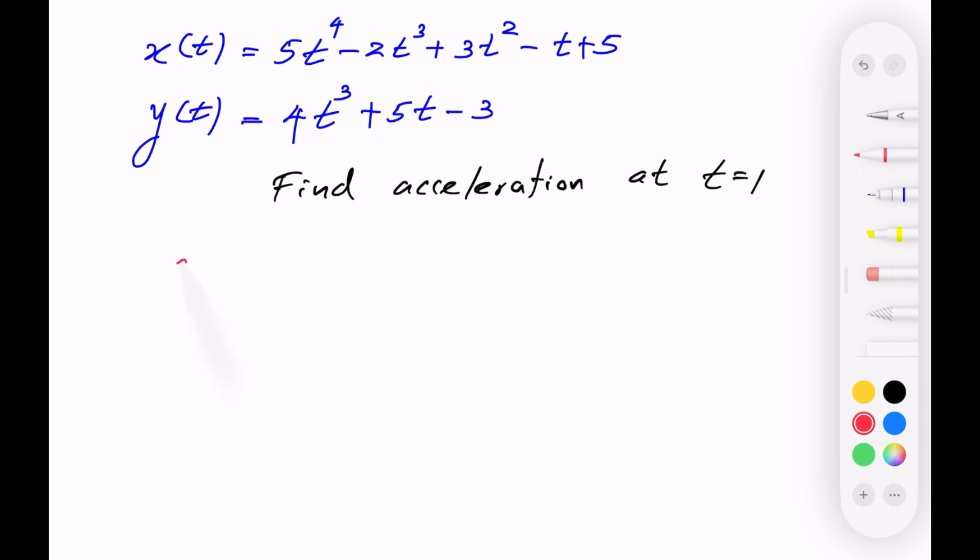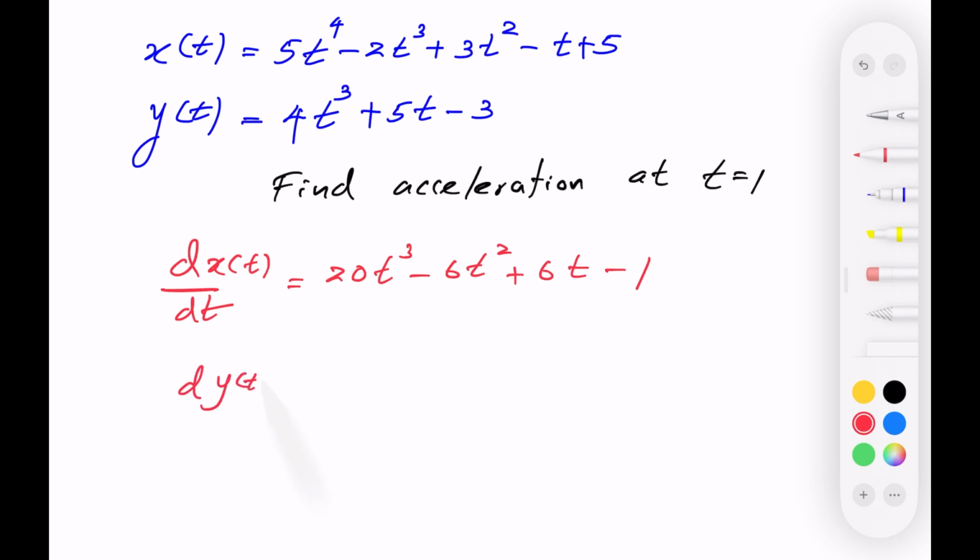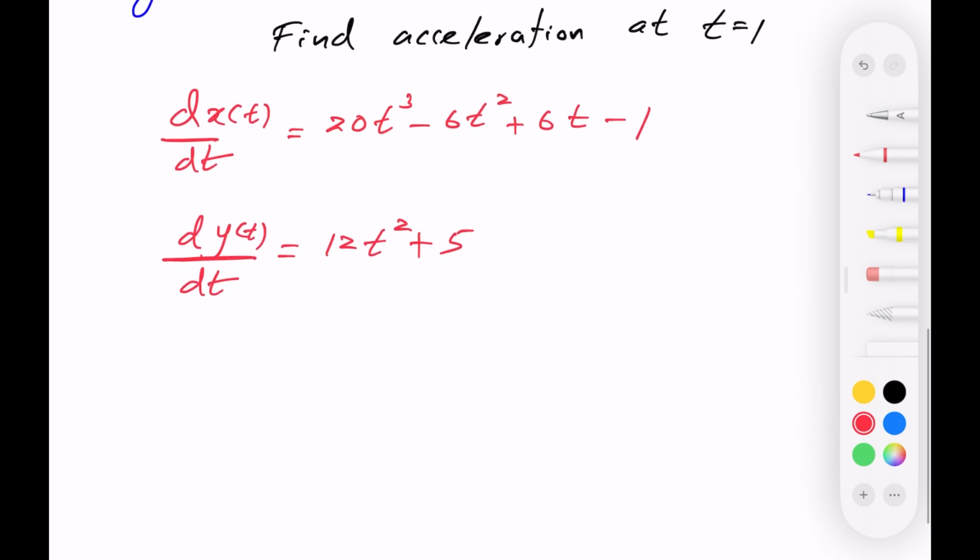So if I differentiate the x one with respect to time, it's going to be 20t raised to the third minus 6t squared plus 6t minus 1. If I differentiate y(t) one time, it's going to be dy(t) over dt equals 12t squared plus 5. Those two functions are the parametric functions of the velocity.